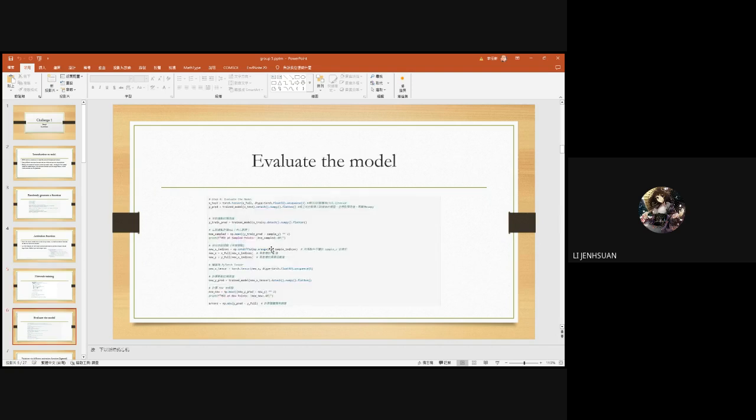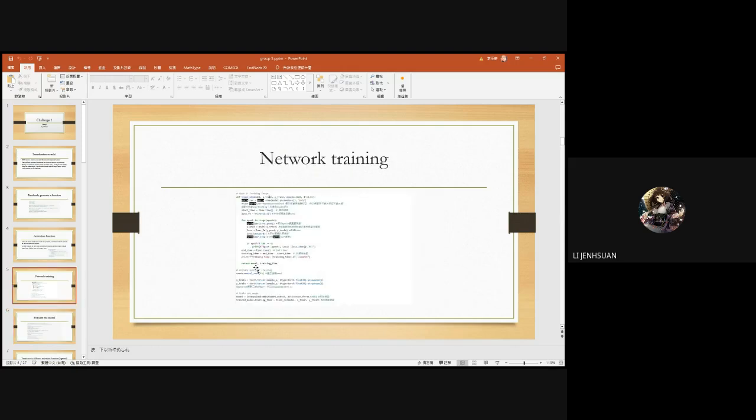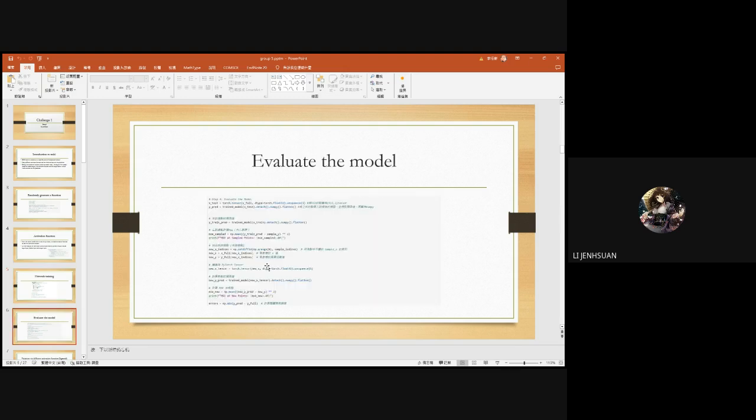Okay, and in this part we evaluate the model and we calculate MSE here, and in the previous part we introduced the time function because we need to define the starting time and count the training time, and we need to compare with other variables.